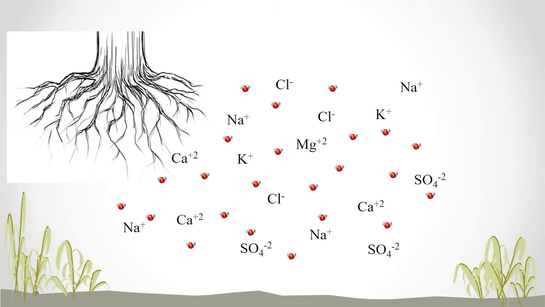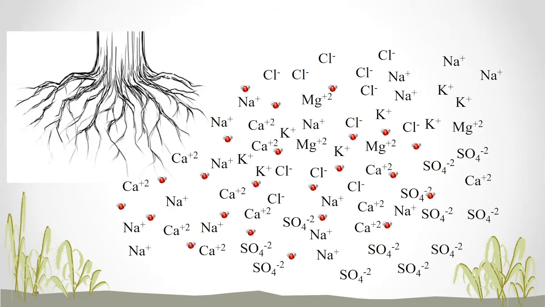But as concentration of dissolved salts begins to accumulate, there's a lot of interactions, magnetic interactions going on between water molecules and surrounding salt ions in solution. And that again reduces the ability of that water not only to move freely through the system, but to actually be able to cross the root membrane.